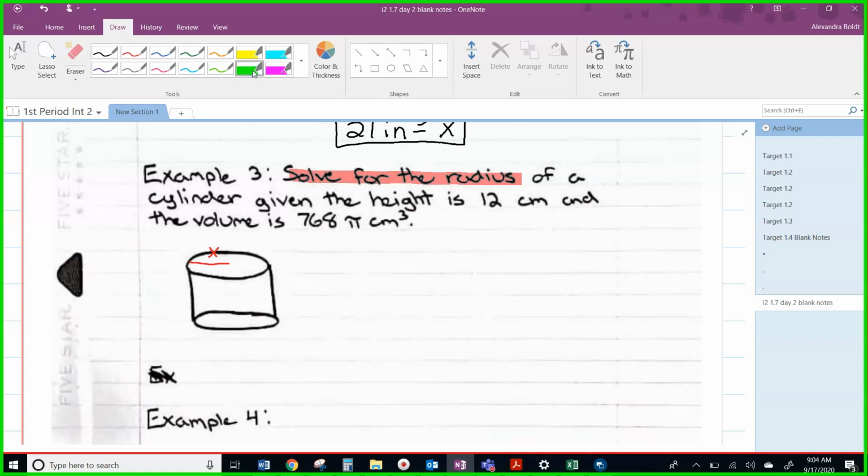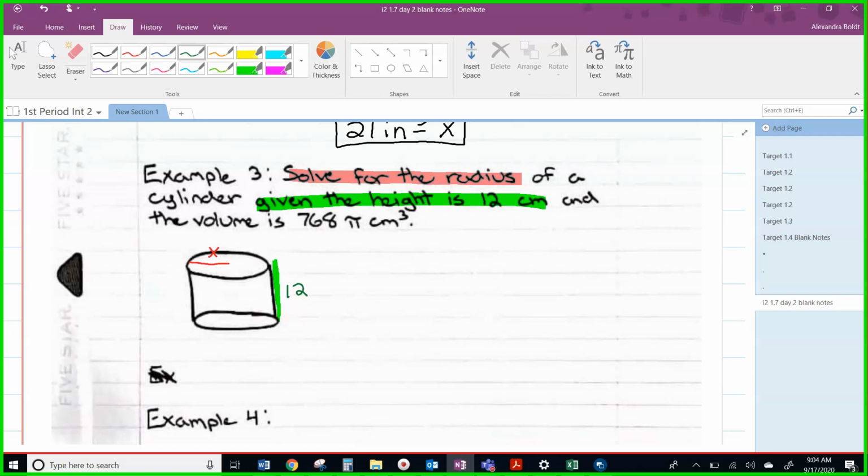We're given that the height is 12 centimeters. So my height would be here. It's going to be 12. Okay, so sometimes it will tell you your information in words instead of in a picture. You'll have to just kind of fill it in.